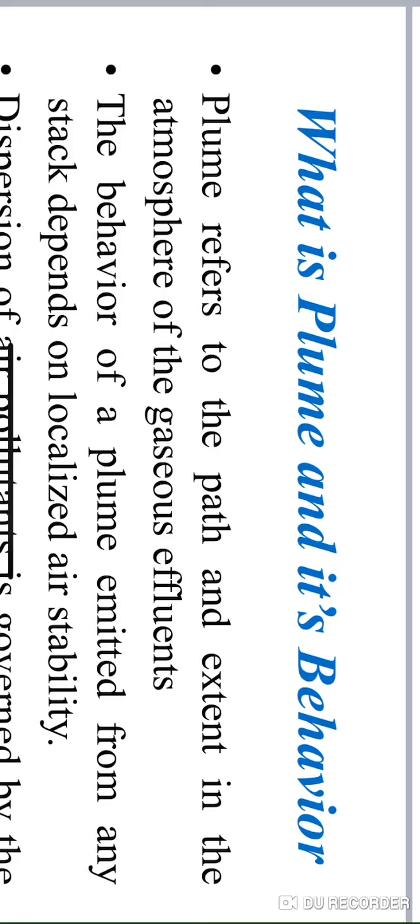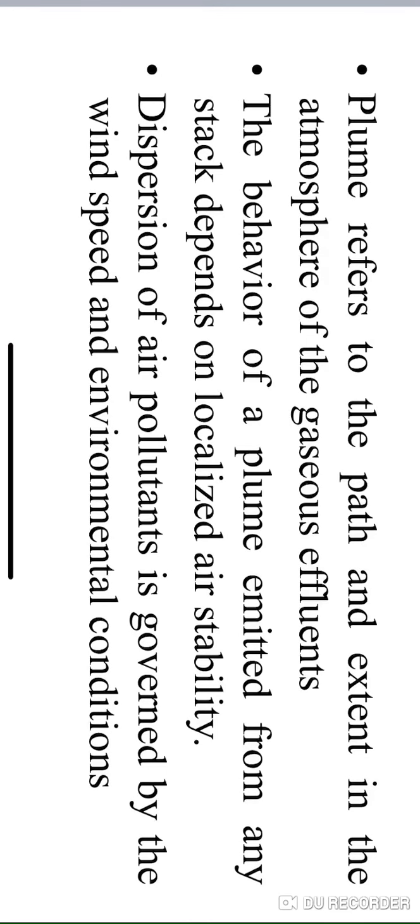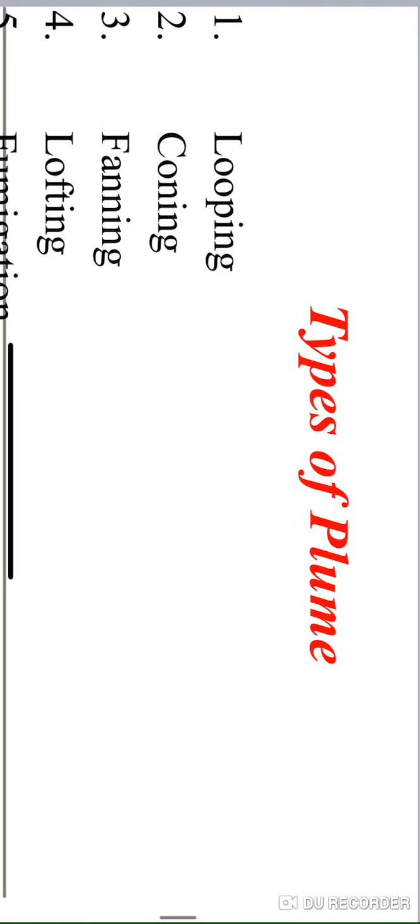Plume refers to the path and extent in the atmosphere of the gaseous effluents. The behavior of a plume emitted from any stack depends on localized air stability. Dispersion of air pollutants is governed by the wind speed and environmental conditions, as I told you. Now we will see different types of plumes.